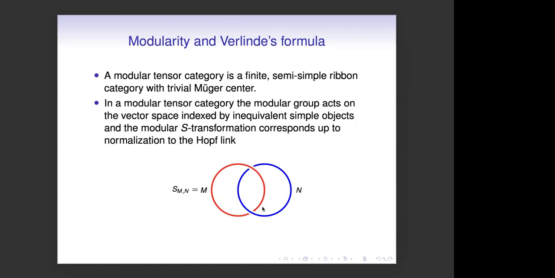This factorizability condition is equivalent to this matrix being non-degenerate, being invertible. And it's not such a hard argument to show that whenever this matrix is invertible, the vector space spanned by the inequivalent simple objects, indexed by those via this Hopf link and the ribbon twist, inherits the structure of a vector-valued modular form. I mean, a representation of the modular group.